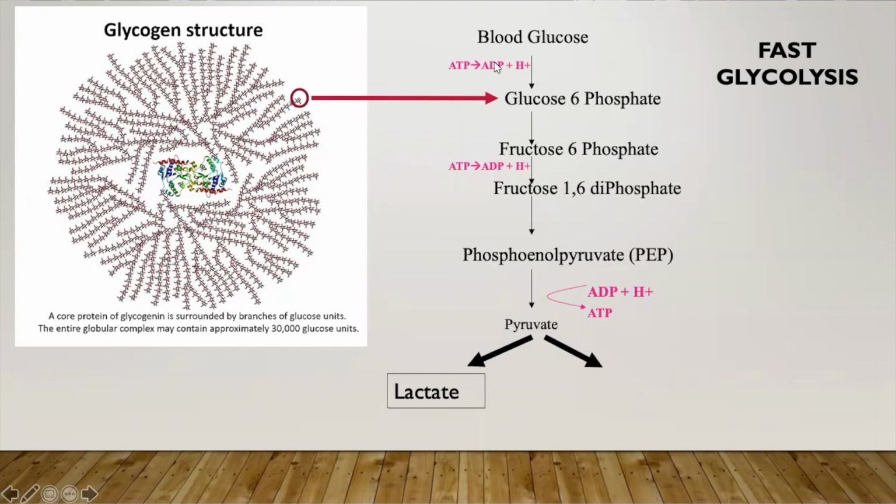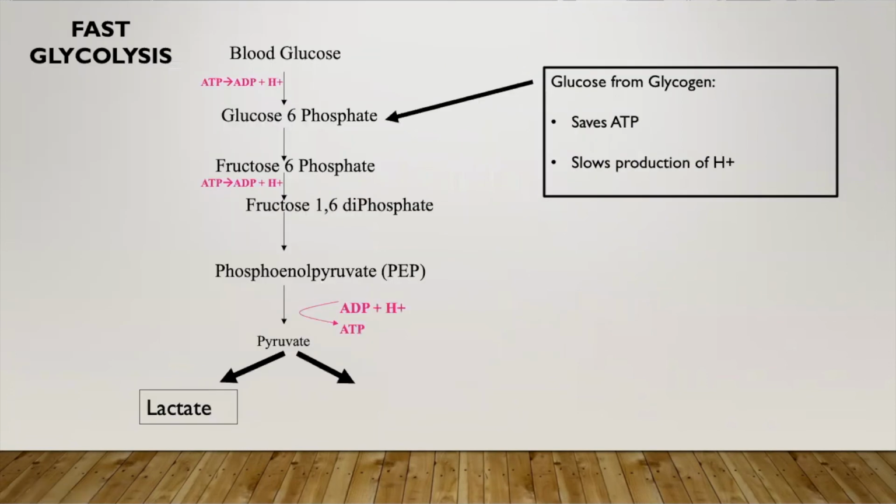So as you notice, that allows us to bypass that splitting of ATP, which means that we're saving energy if we can use stored muscle glycogen rather than blood glucose. It's faster. Glycogen is stored on site, and it helps to keep the hydrogen ion concentration down.